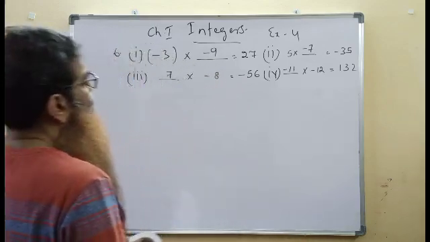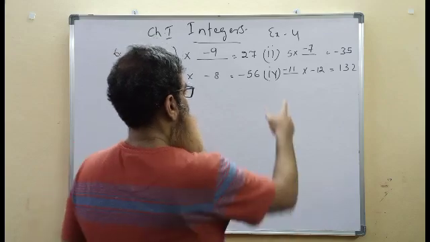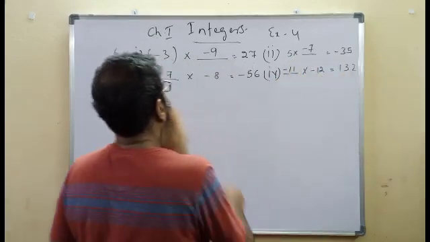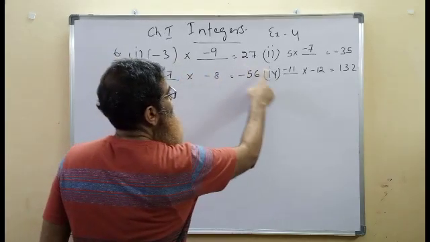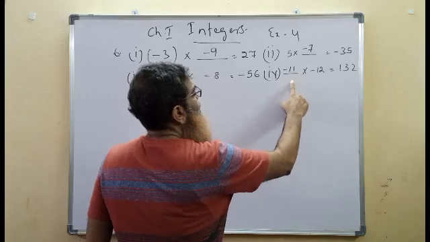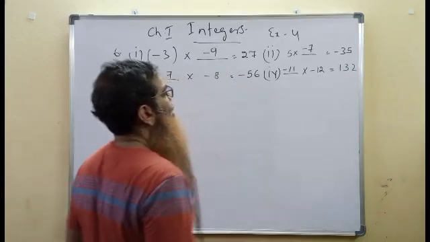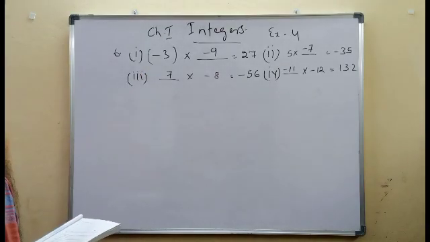We know the product of a positive integer and a negative integer is a negative integer, and the product of two negative integers is a positive integer. Similarly here, the product of two negative integers is a positive integer. Thus we have 11 in the blank. That concludes our exercise 4.